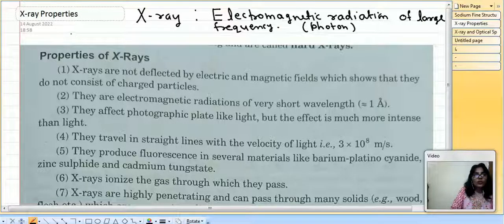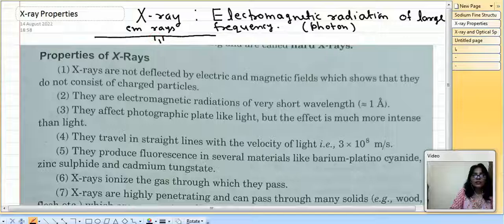Now let us recall the electromagnetic radiation first. So there is a range of the electromagnetic radiation, electromagnetic rays. In the middle there is the visible light. Then we have infrared, then microwave, and then radio wave. In this direction wavelength is increasing, and in the opposite direction frequency is increasing.